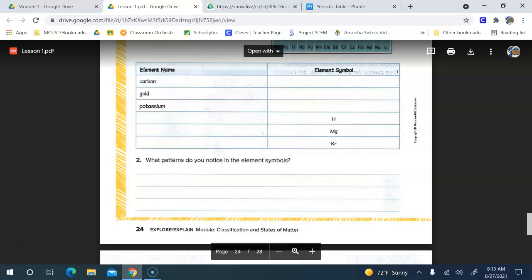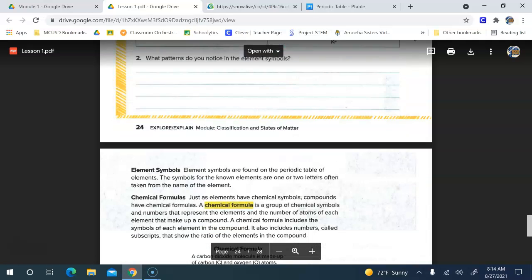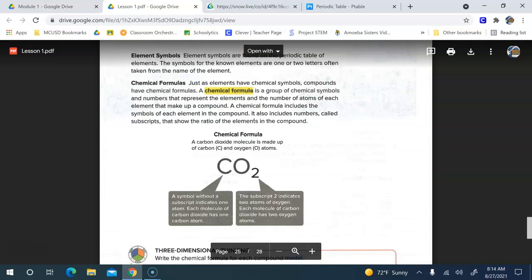You'll find that gold, the element symbol, does not have a G at all, because sometimes they use the Latin name for the element if we're unable to use a letter from the actual element name, based on if those letters have been used before in the periodic table. You'll see that potassium is also not a P. So you need to answer question 2. You're going to go on to question 3.